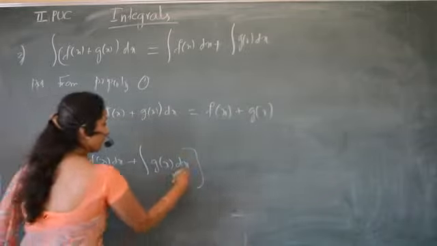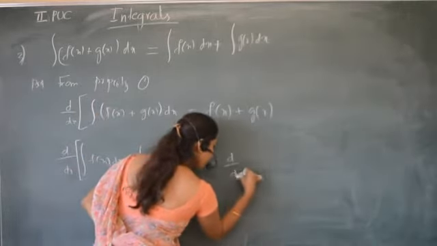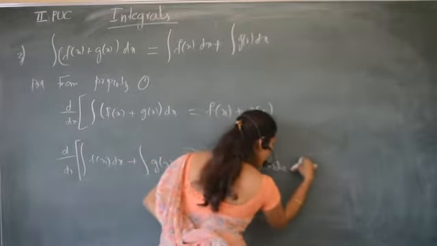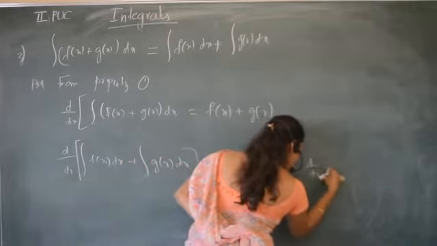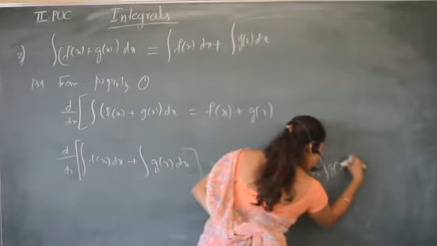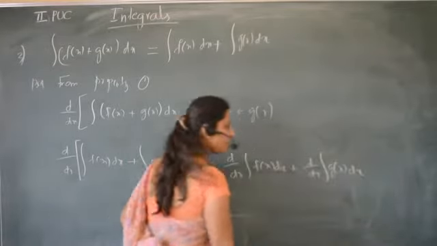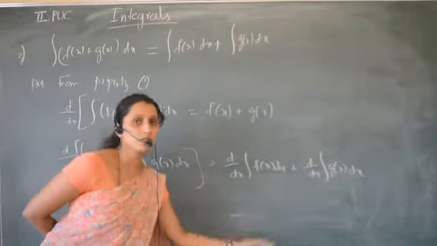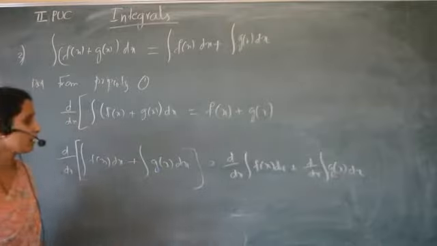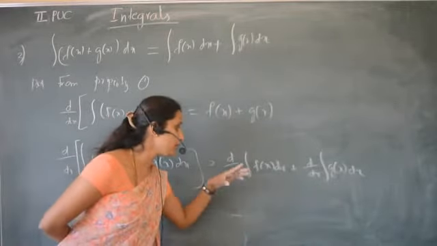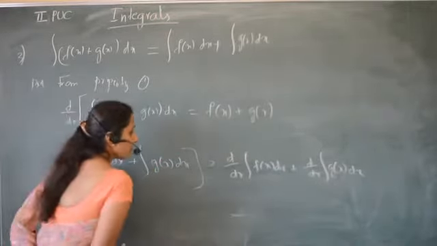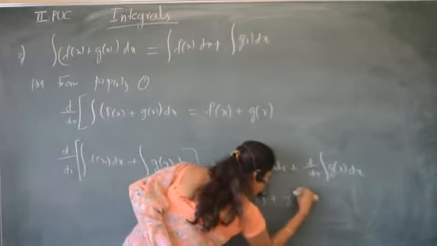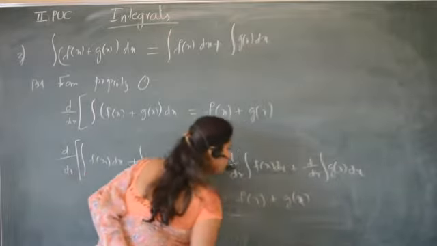Derivative of the first one, the derivative of the integral of f of x dx, plus the derivative of the integral of g of x dx. The derivative of a sum can be written as the derivative of the first one plus the derivative of the second one. Now the integral and derivative can be cancelled, and we get f of x plus g of x.